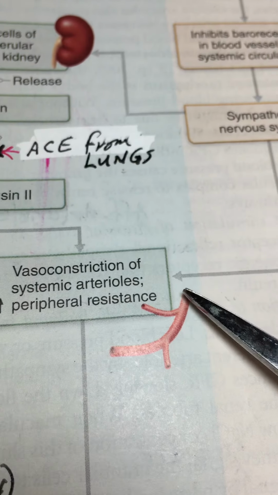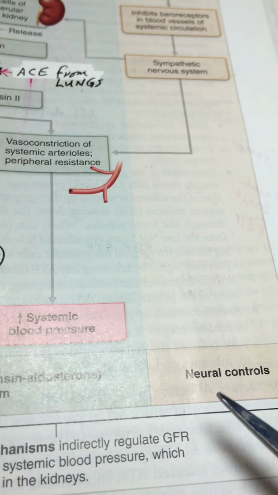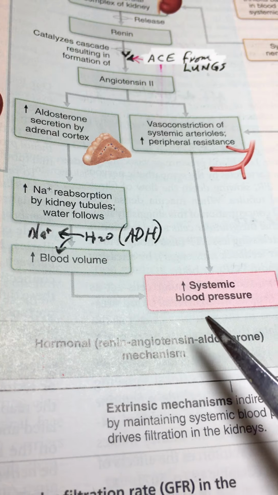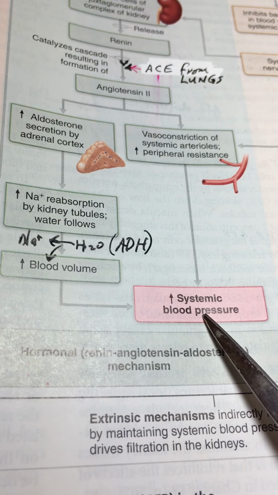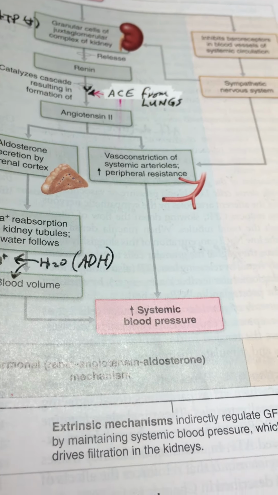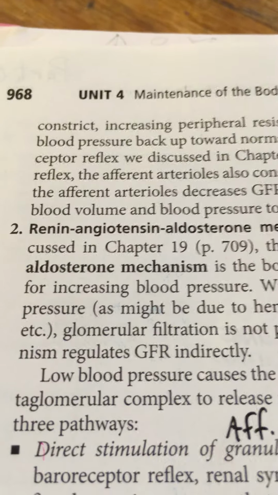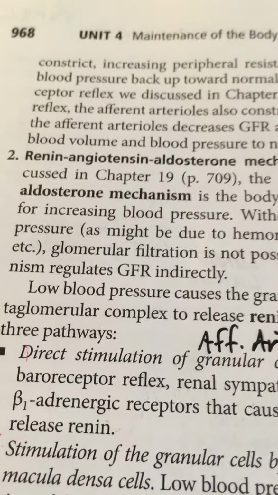And this is also going to be adding here to the vasoconstriction. So all of that is coming together for this final outcome, increasing systemic blood pressure. Okay, so then we press on here to the more detailed description of the Renin-Angiotensin-Aldosterone system.